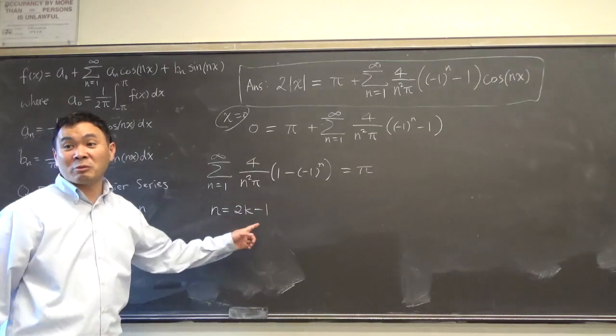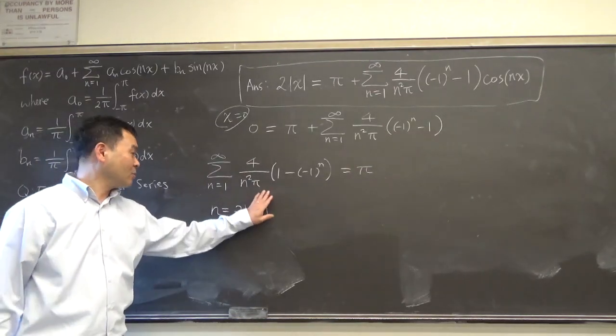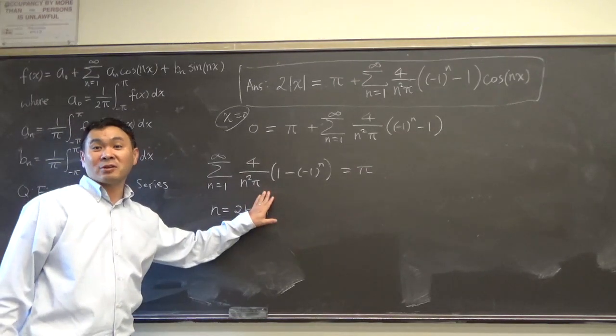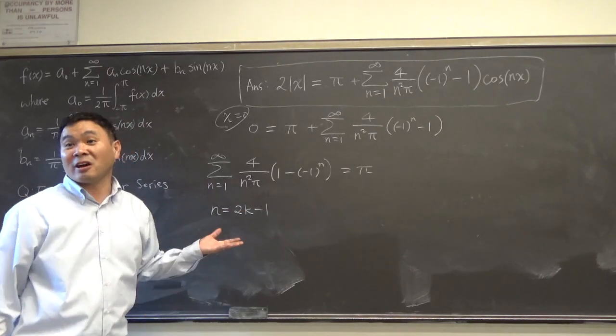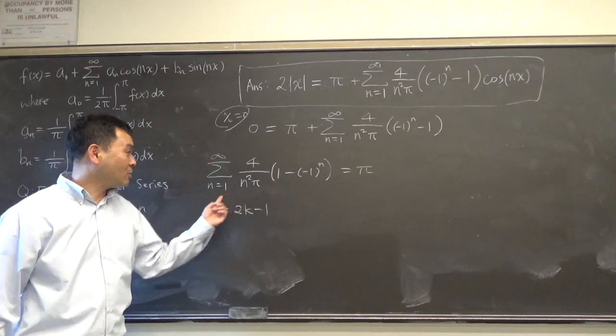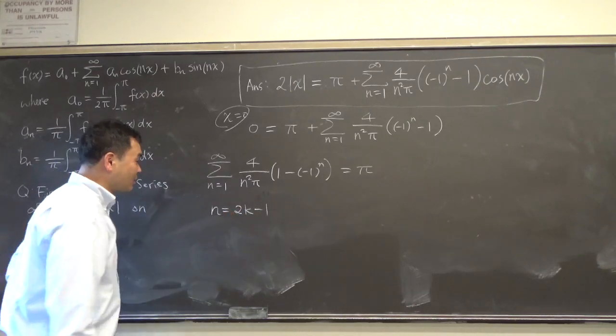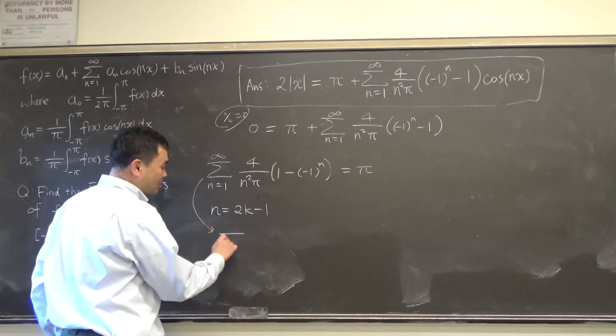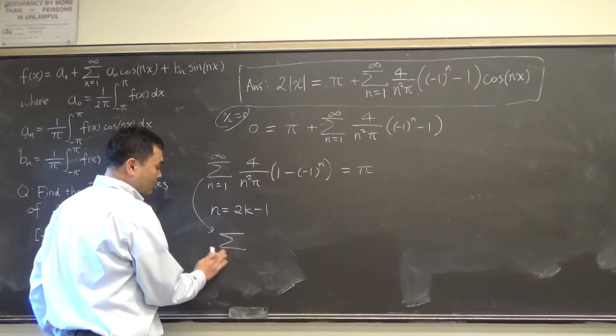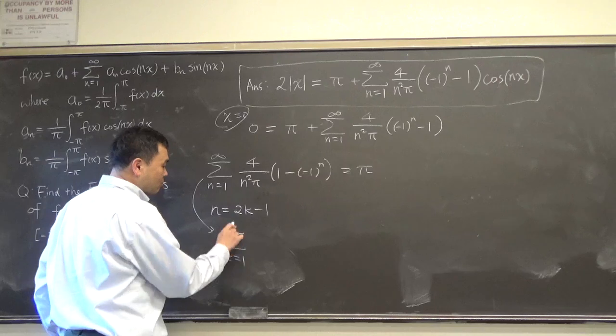This is a way to represent all odd numbers, because 2k is an even number, and if you take any even number and subtract 1, you get an odd number. So you can replace n by 2k minus 1.